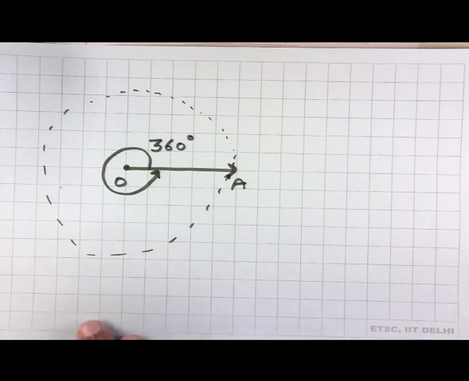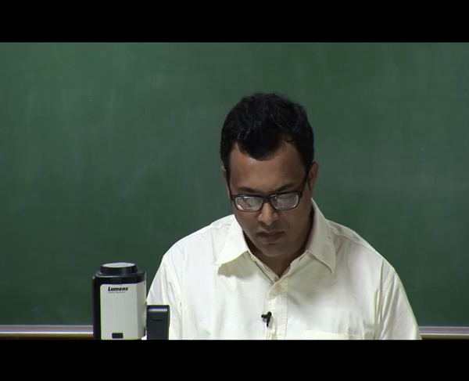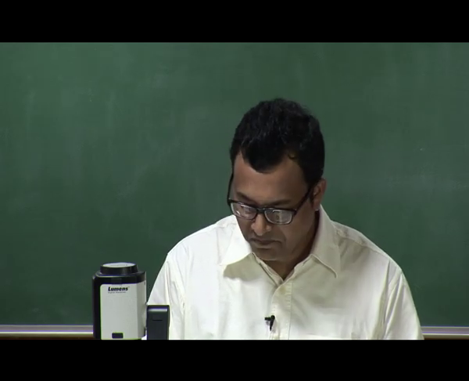Now, there is no math behind why this is called 360, it could have been called 450 or 800 or 720. The reasons, as we know now, are primarily historic.